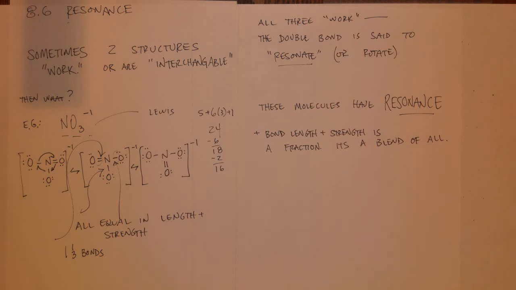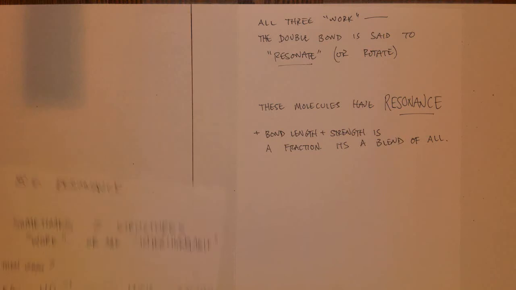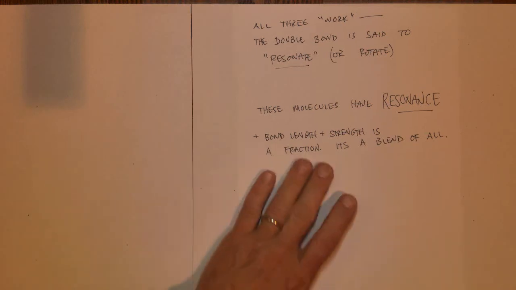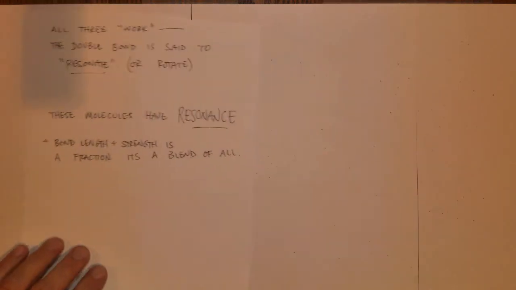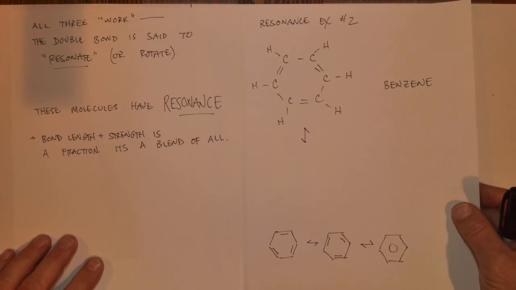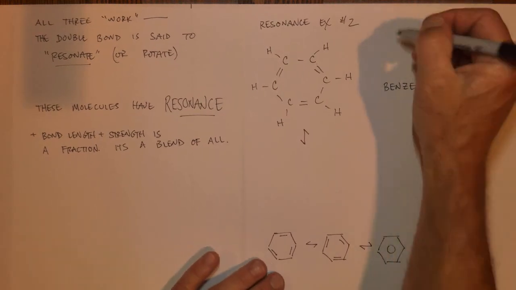I have one more resonance example to show you, and it's really nice to show it in the textbook because it's a tricky one to draw. It is the molecule called benzene, and the molecule benzene has 6 carbons and 6 hydrogens.